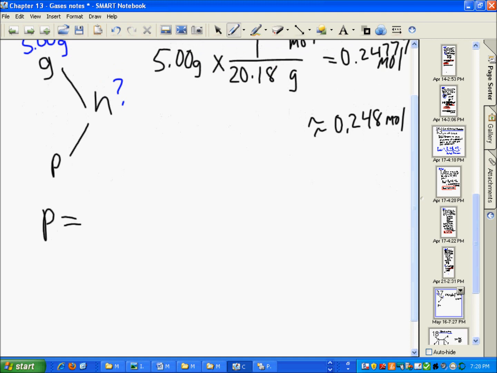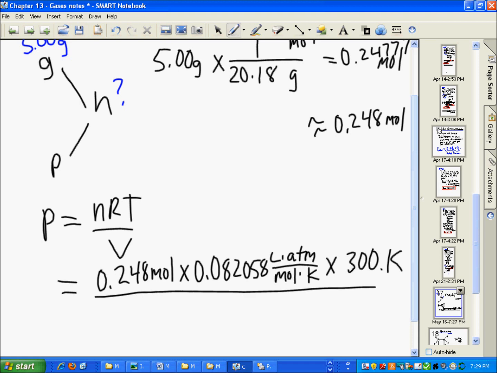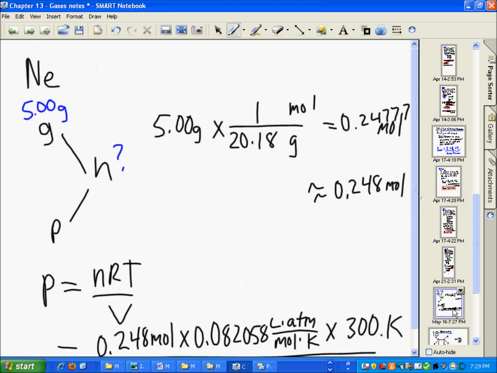So P equals nRT over V, which is equal to 0.248 mole times 0.082058 liters atm over mole Kelvin times 300 Kelvin divided by 2.50 liters.